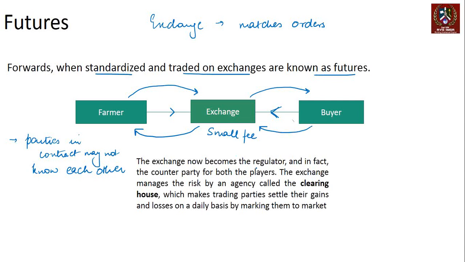So now the exchange becomes the regulator and in fact the counterparty for both the players. The exchange manages the risk by an agency called the clearing house, which makes trading parties settle their gains and losses on a daily basis by marking them to market. What does this mean?